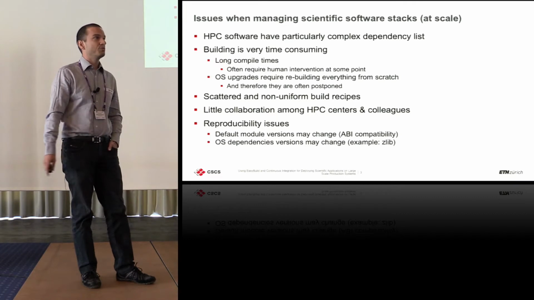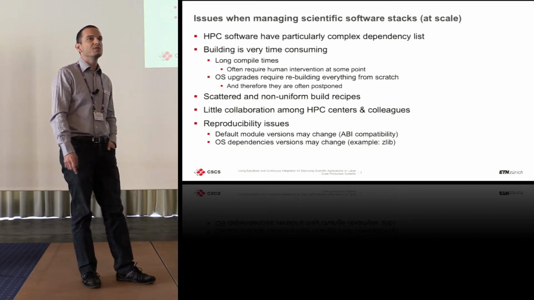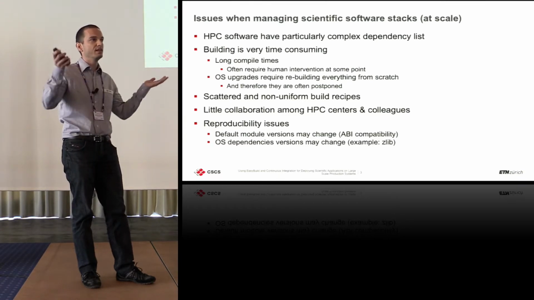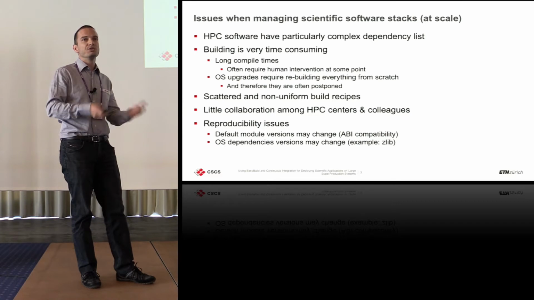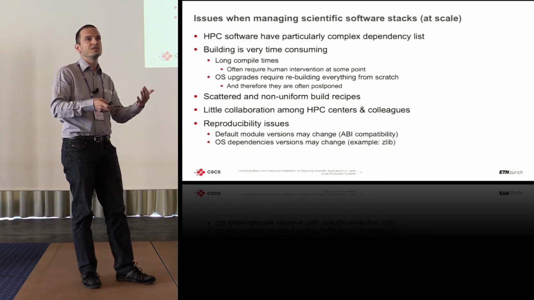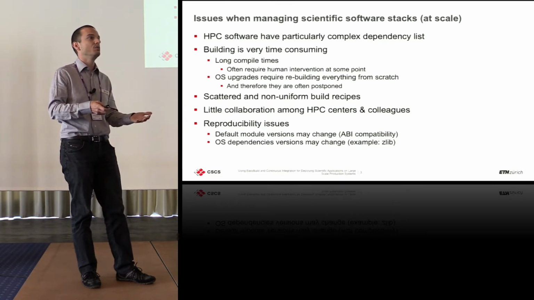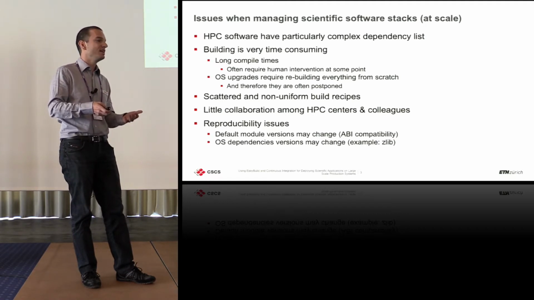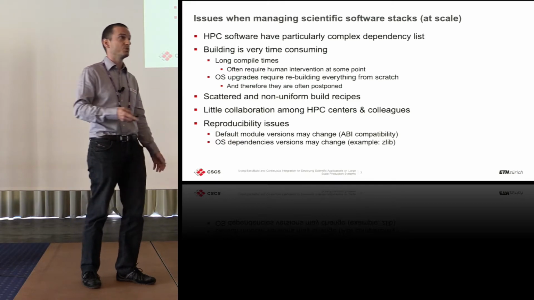The other problem is that we have very long compile times that at some point need some manual intervention. So it's not just you set up everything and the computer does the build. You need to be there to watch if it fails at some point, or if it asks you a question. You find software that is packaged in many different ways, so it's always a surprise what you find when you're building scientific software. So this is very time consuming.